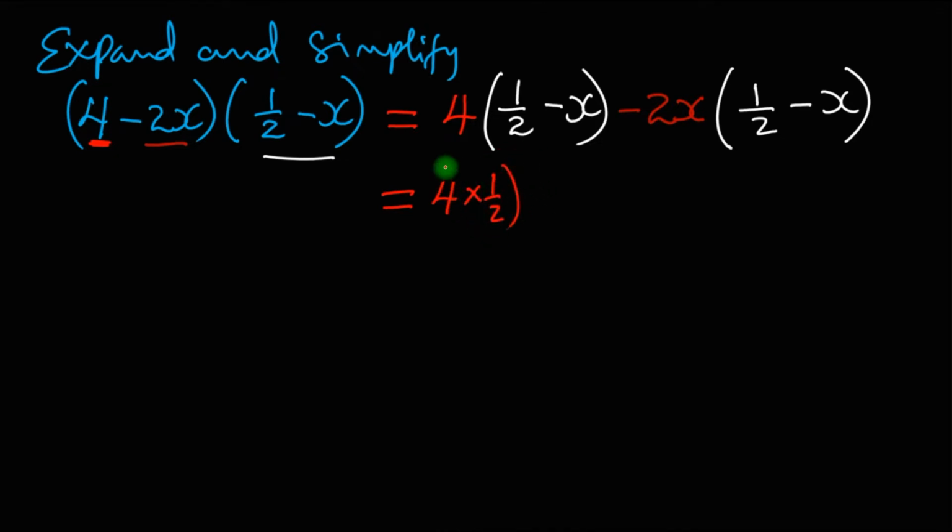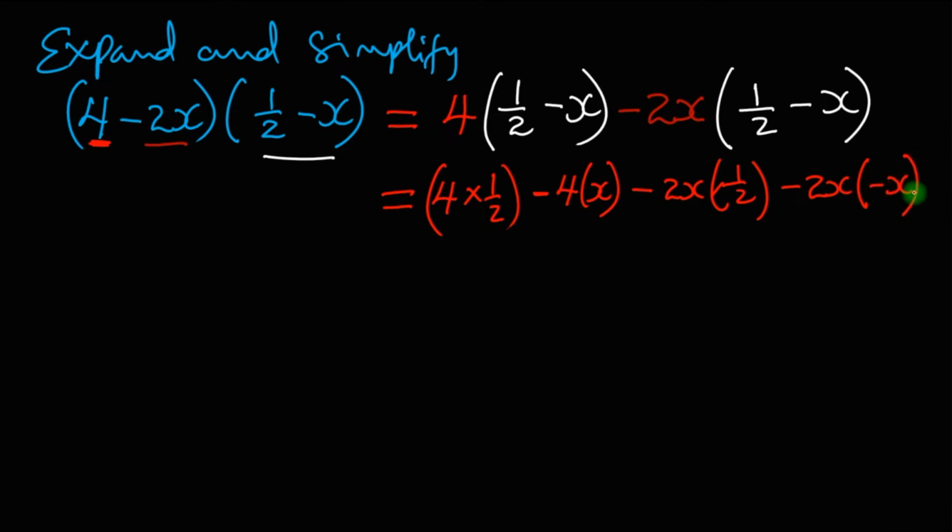Then we have minus 4 times 4x, that is 4, get that value. Then from there minus, we have 2x times a half, then minus 2x multiplied by minus x.